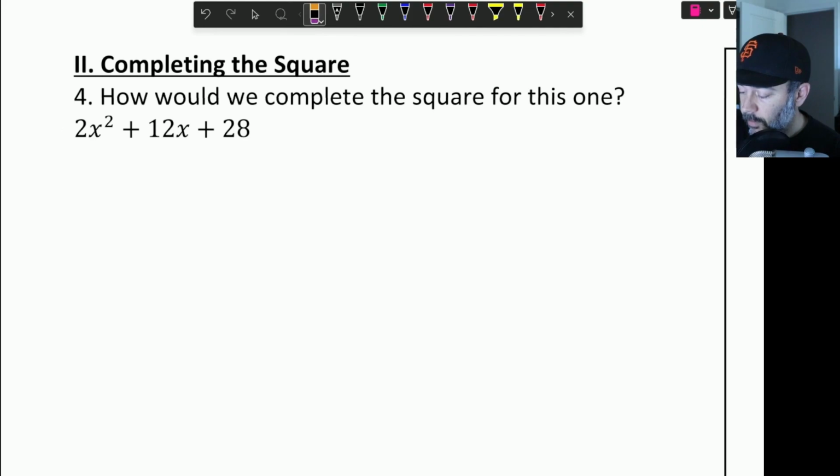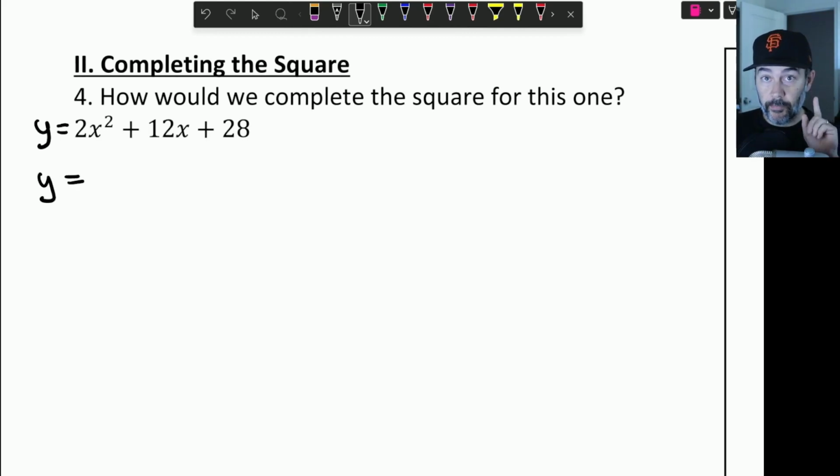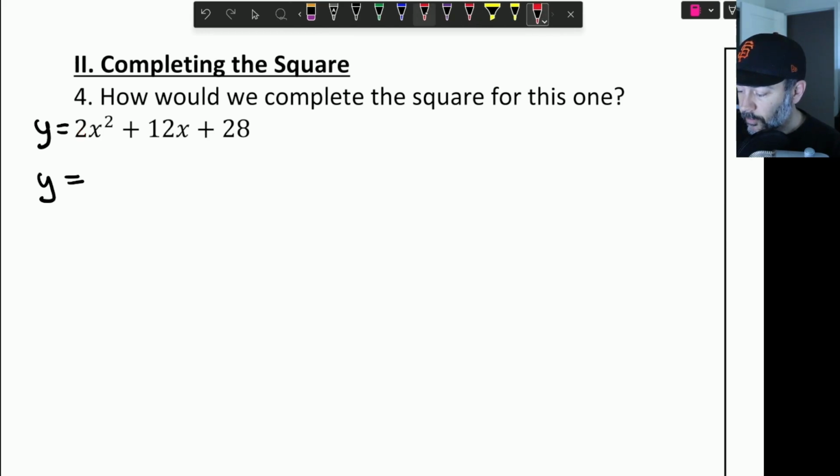For example, sometimes when we're given a function that looks like this, so it's a quadratic function, we actually want to complete the square without solving any quadratic equation. And the way we do that is exactly what we've been doing so far. So we have y equals, except there's one extra step, an important extra step. You remember, everything we've done so far had a leading coefficient of 1 in front of this x squared, but now there's a 2.